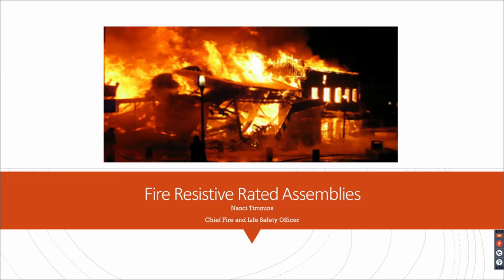In this presentation, we're going to focus on the different types of rated assemblies, the walls, the horizontal assemblies, and which is which. Some people are still using old code language for naming the walls. Some don't know what wall is what.